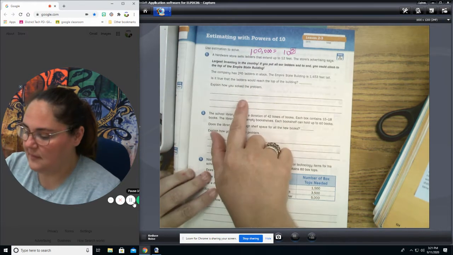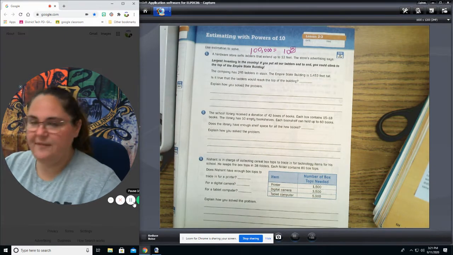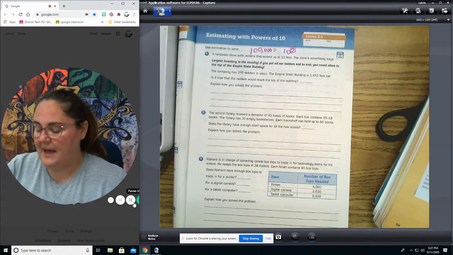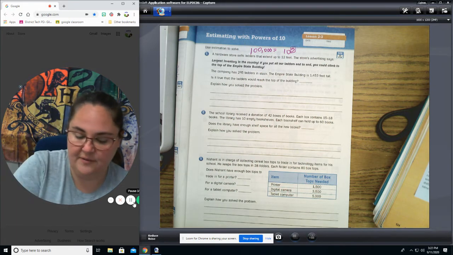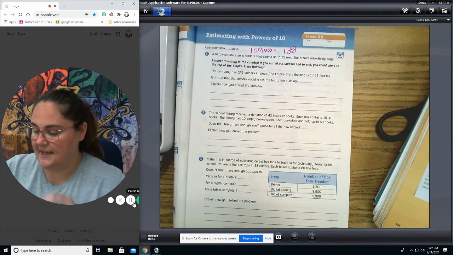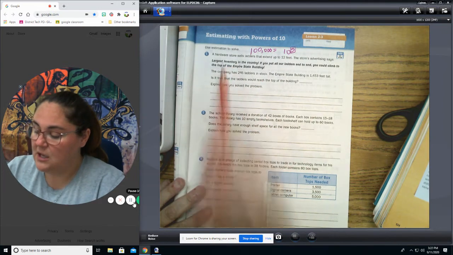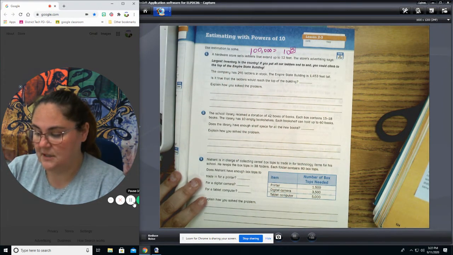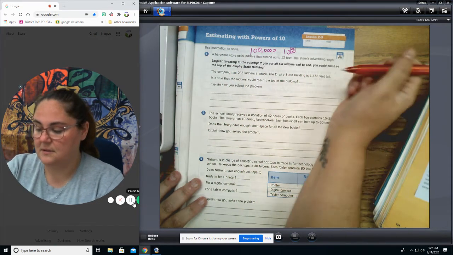All right, so we're going to go through a couple of these things. Looking at page 45 in our math workbook, that's kind of where we're going to start. I know that we're going to talk through some of these activities today. So number 1 says, the largest inventory in the country, if you put all of the ladders end to end, you could climb to the top of the Empire State Building.